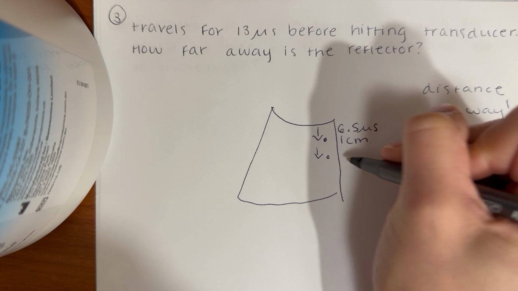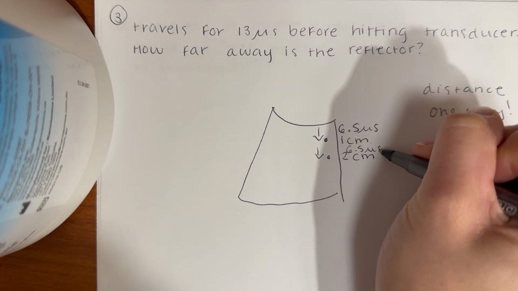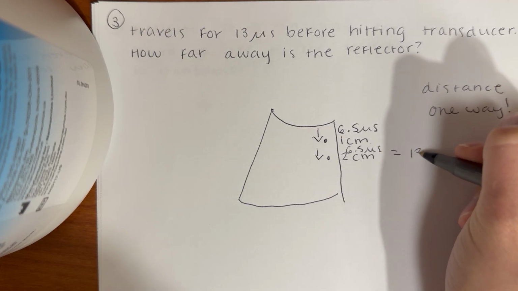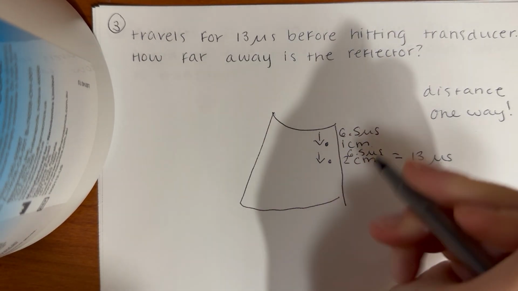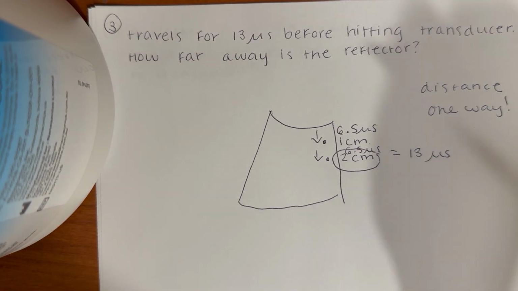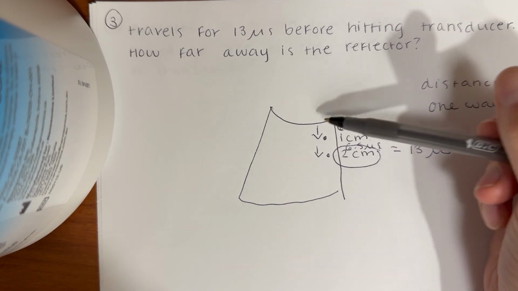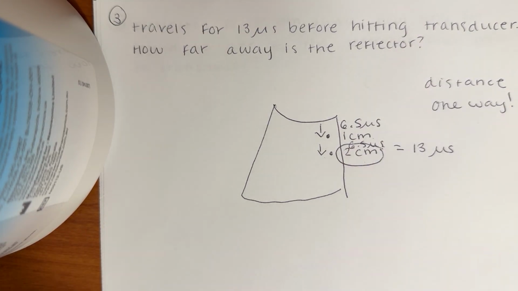And then we go down to 2 centimeters. It's another 6.5, which gives me 13 microseconds. So it travels for 13 microseconds and gets 2 centimeters deep because we don't care about it coming back. So 6.5 down, 6.5 down gets us to 2 centimeters deep.